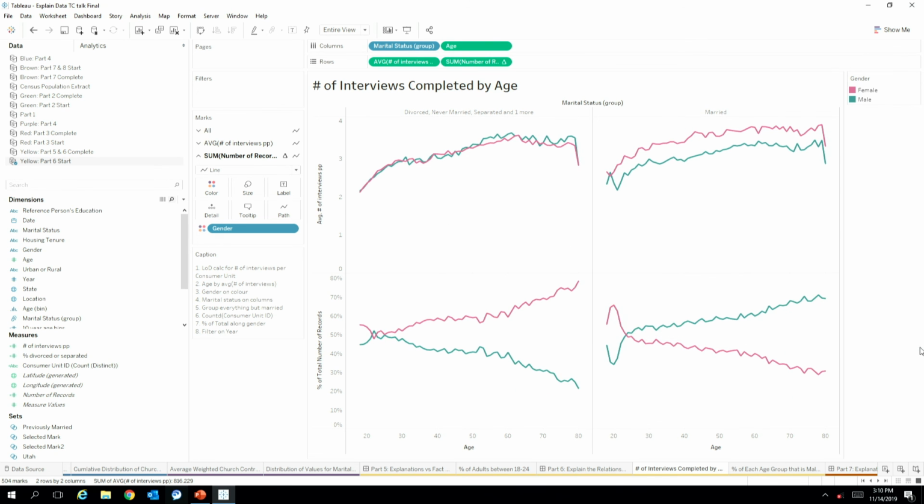you see here this crazy reversed trend for single versus married people, where the older people are, if they're married, the higher proportion of respondents are men. Now, if you look at how the Consumer Expenditure Survey is conducted, they ask married couples, the person who is most knowledgeable of the household, please respond.